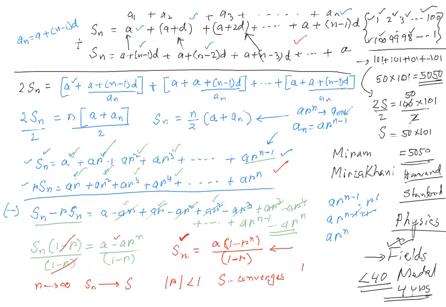On the other hand, if the absolute value of R is greater than or equal to 1, the infinite sum S diverges. Now, what does it converge to?